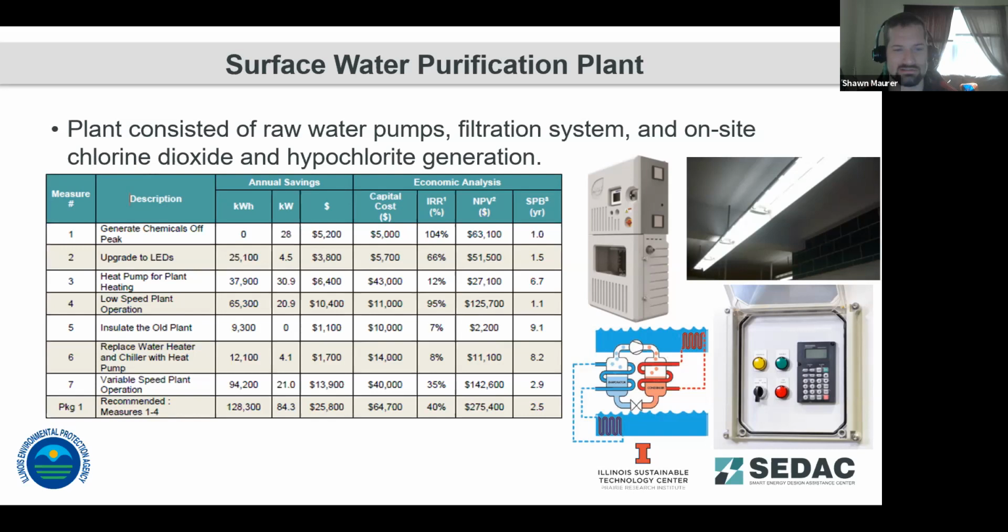So we looked at, could you just lump those together as a heat pump system and save on that heating energy? And then looking again at, is there an option to keep those raw water pumps running at low speed instead of ramping up to high speed and then shutting them on and off through the day a couple of times as needed to meet demand?